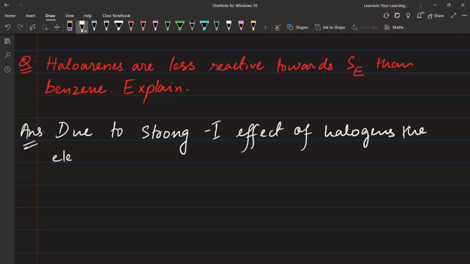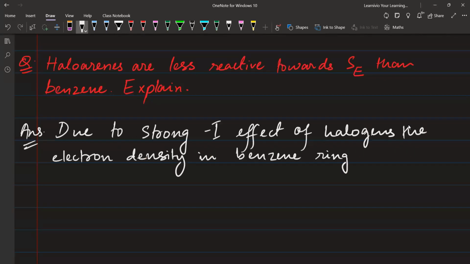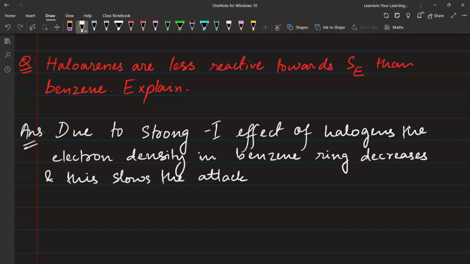The electron density in benzene ring decreases, and this slows the attack on electrophile. ठीक है?